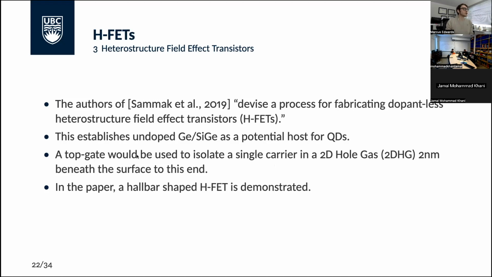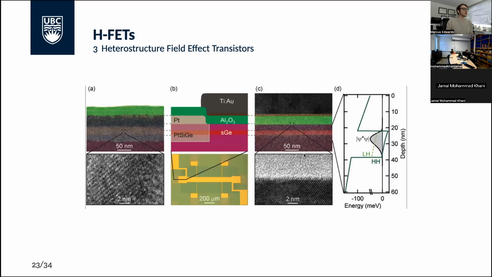A top gate would be used to isolate a single carrier in a 2D hole gas. When manufacturing a quantum dot, they just have a 2D hole gas. Actually, they specify a 2D hole gas in their case, but I think it's arbitrary. So in the paper, this HFET is demonstrated.